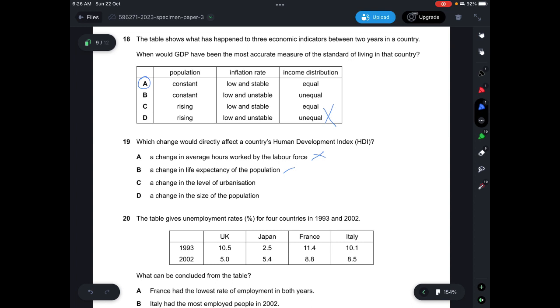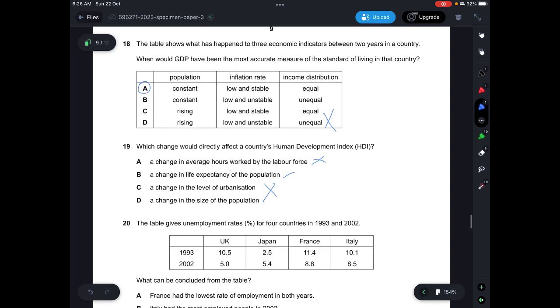Incorrect. And also D, a change in size of population. Incorrect. So the HDI doesn't take into factor your size of the population. So it doesn't really matter your birth rates and all those, but it's more onto your years of schooling and your life expectancy. So that would be more important. So the answer is B because of that.